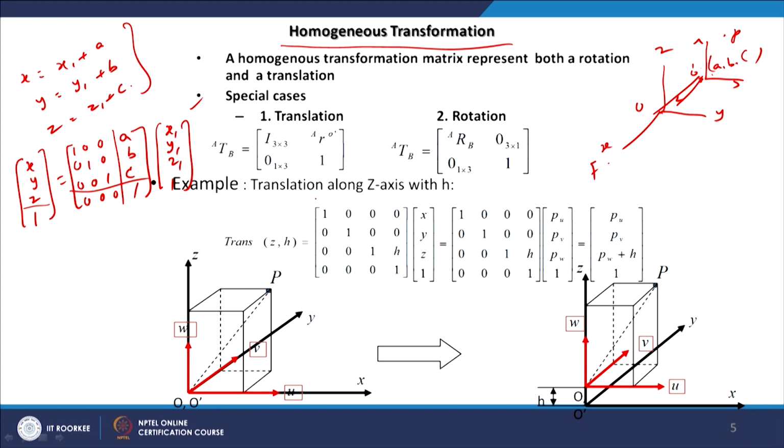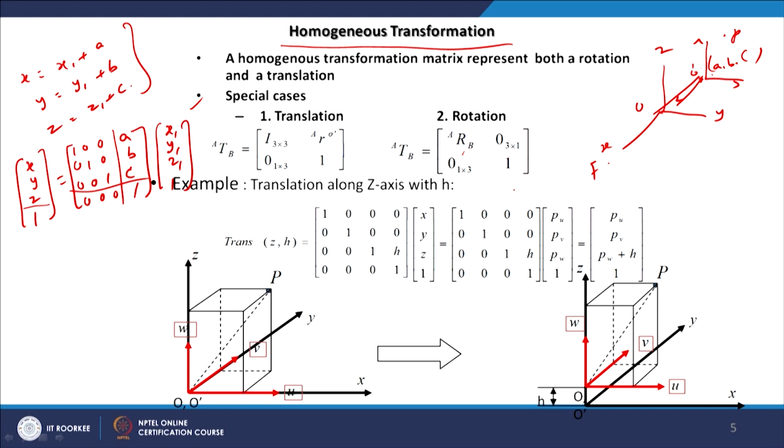So, a homogeneous transformation matrix represents both rotation and translation in the following way. As previously seen, the rotation matrix is R, and because we have a dummy variable 1 as the fourth value in the vector, we have to introduce the fourth row also as 0 0 0 1 for the rotation matrix, and the fourth column is 0 0 0 1.